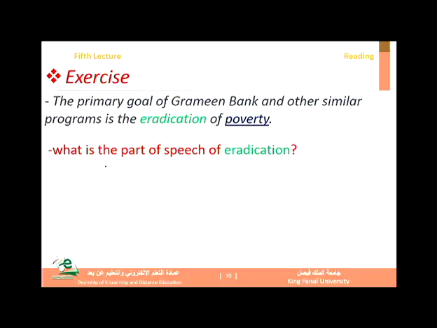The primary goal of a Grameen bank and other similar programs is the eradication of poverty. الآن what part of speech is the word eradication؟ لو نسيت بأن TION تدخل على الأسماء فقط، شنو شيء ثاني يقدر يساعدني أعرف أي جزء من الكلام هذه الكلمة؟ بكل بساطة ننظر للكلمة اللي قبل. عندي هنا article، صح؟ الarticle كما شرحنا في محاضرات سابقة يأتي فقط قبل الnouns.